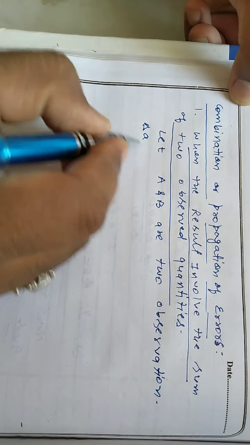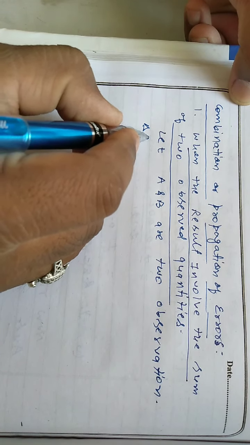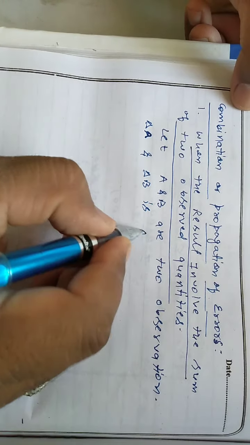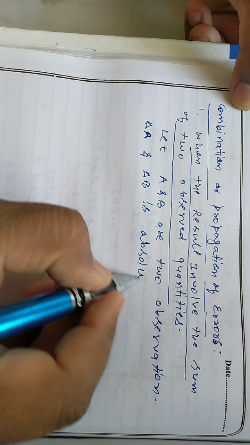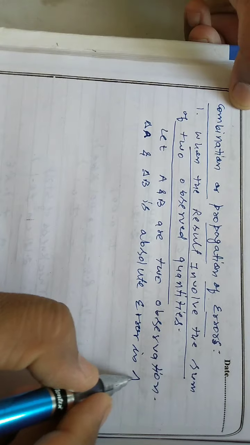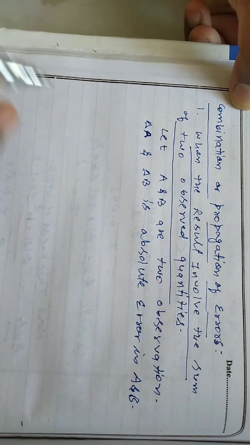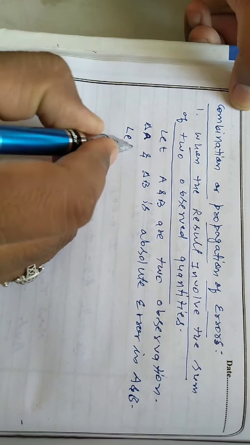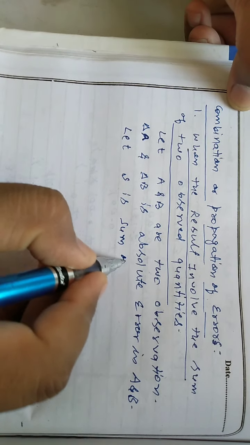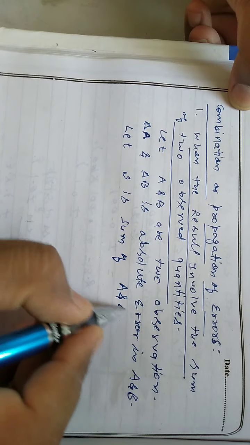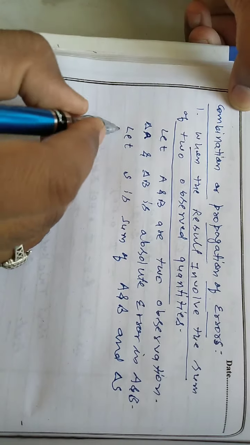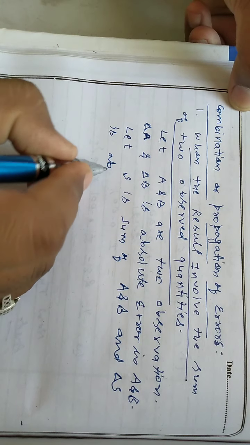Delta A and delta B is absolute error in A and B. Let S is sum of A and B, and delta S is absolute error in S.